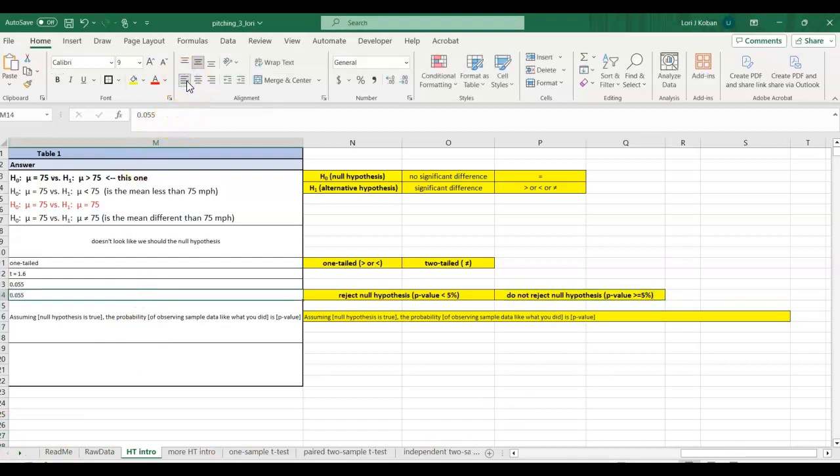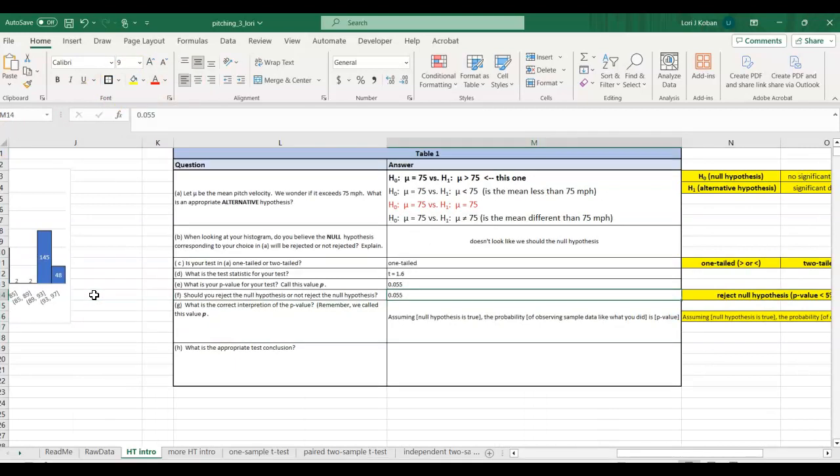So where our p-value is greater than 5%, we are going to not reject the null hypothesis.